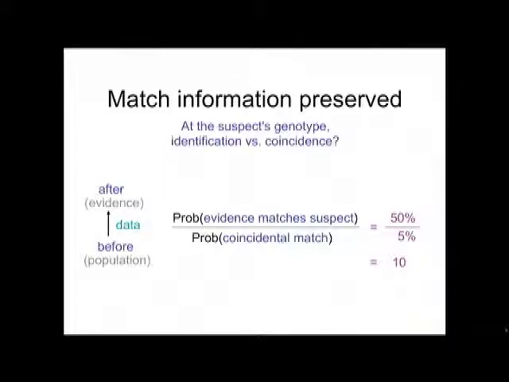So now the ratio of 50% over 5%, of an identification match versus a coincidental match, is reduced from 20 down to 10. But you end up with the weight of evidence that the data contained, instead of reporting the results as inconclusive or with much lower match statistics.